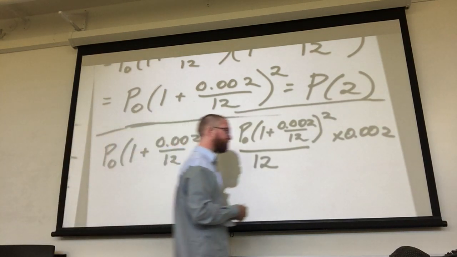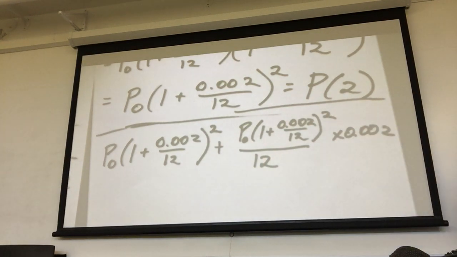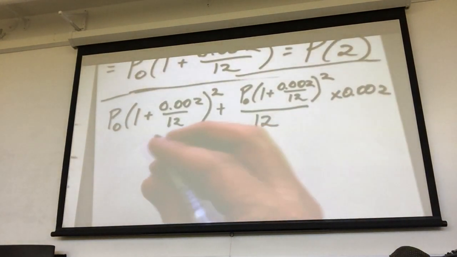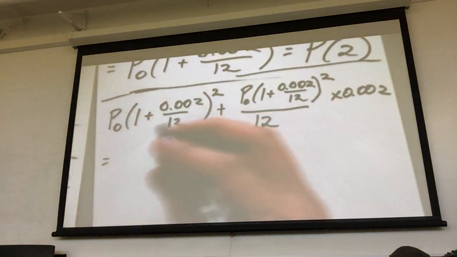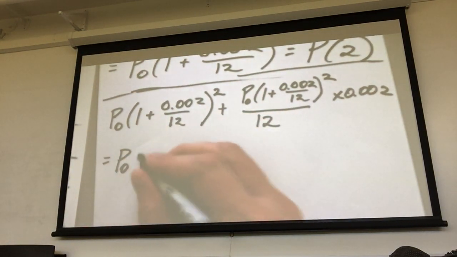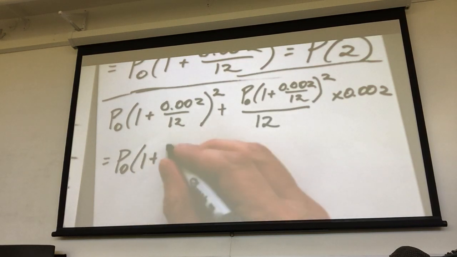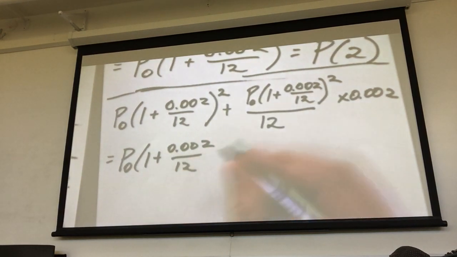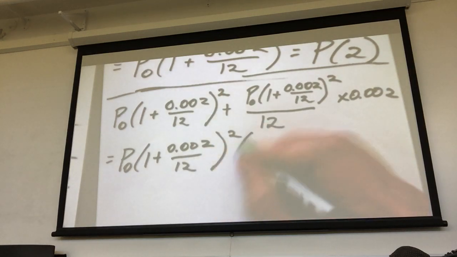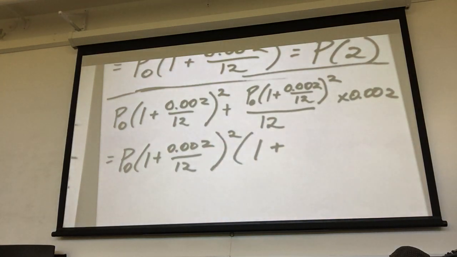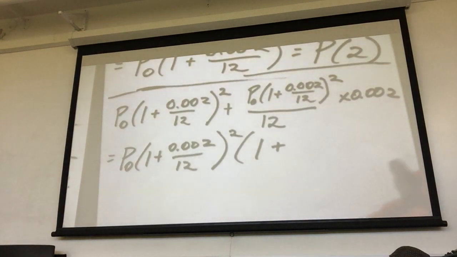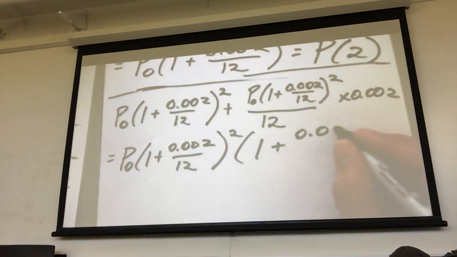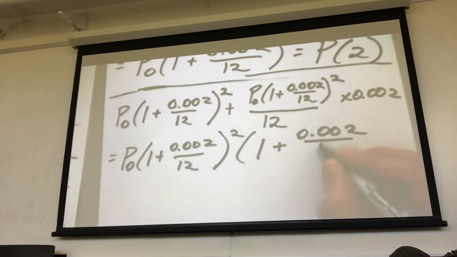And so, this would equal P naught times 1 plus 0.002 divided by 12, now squared, and then multiplied by 1 plus 0.002 divided by 12.